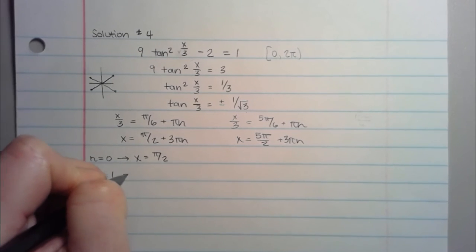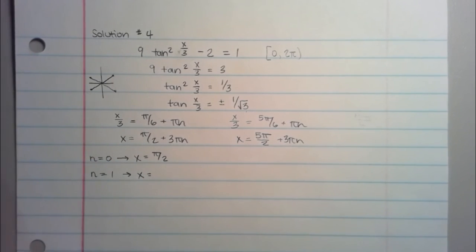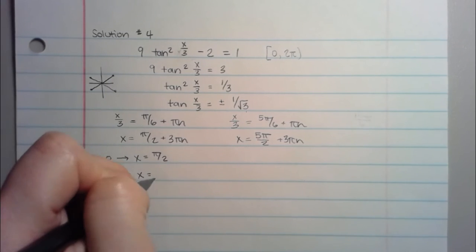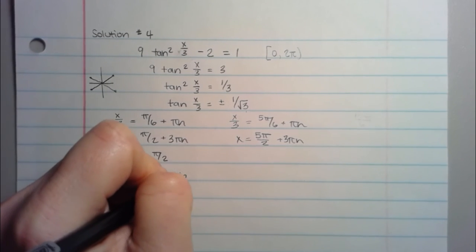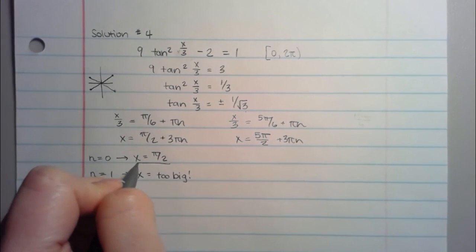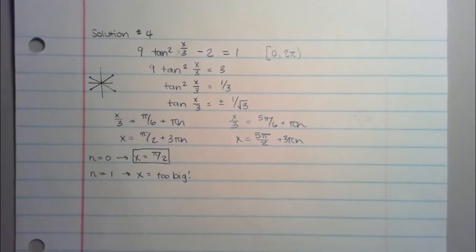If we make n equal 1, then we would be adding another 3 pi to that, and that would be too big. That would be out of the interval. So just this one solution on this side.